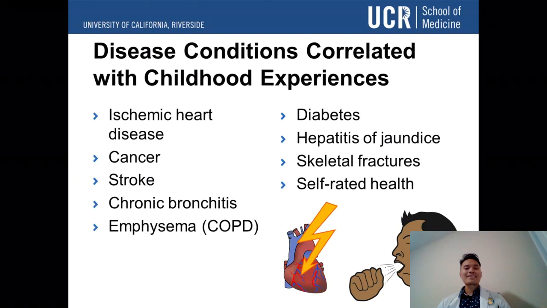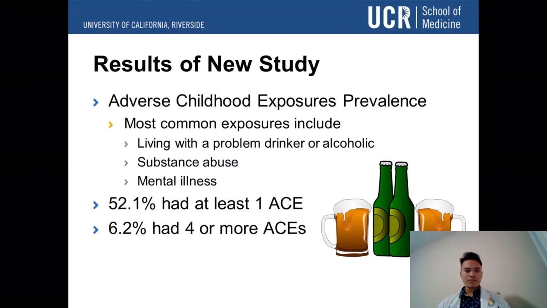And here are disease conditions correlated with childhood experiences, specifically adverse childhood experiences: ischemic heart disease, cancer, stroke, chronic bronchitis, emphysema, diabetes, hepatitis, skeletal fractures, and self-rated health. So, results of the new study.